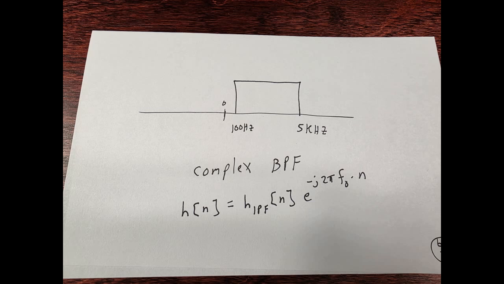And we're only allowing 100 hertz to 5 kilohertz to go through. And that's how we're going to filter out the upper sideband signal that we want. All right. Hopefully that was real clear.